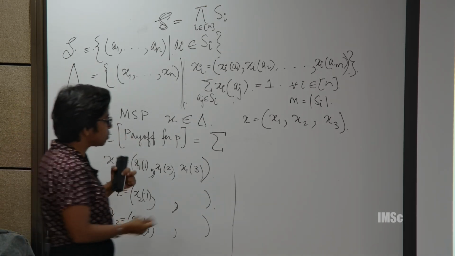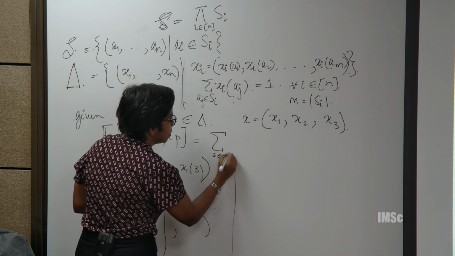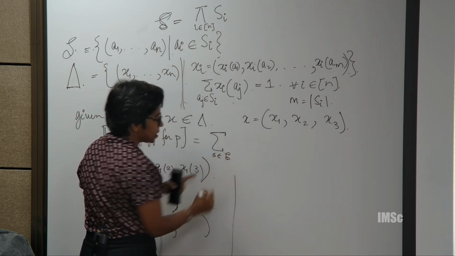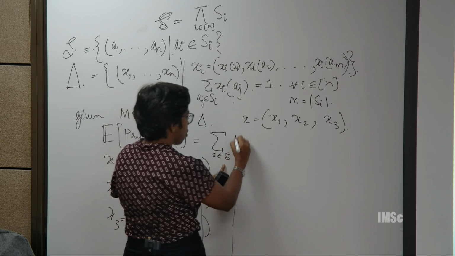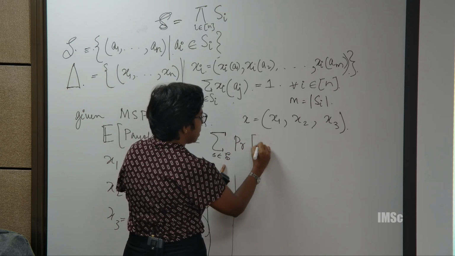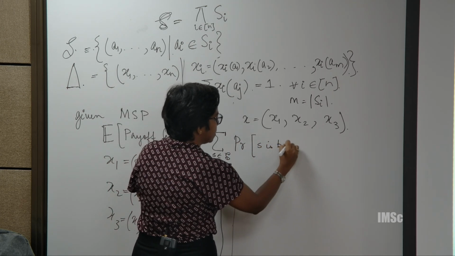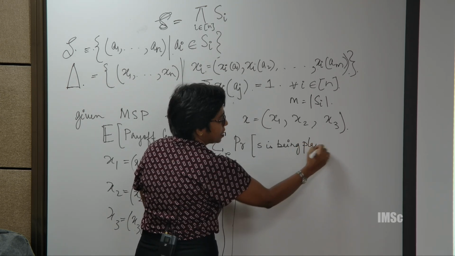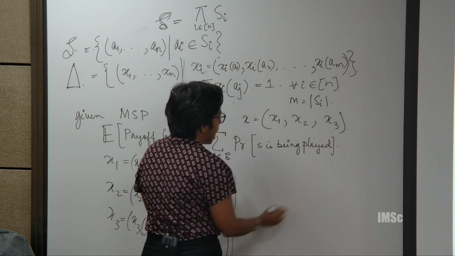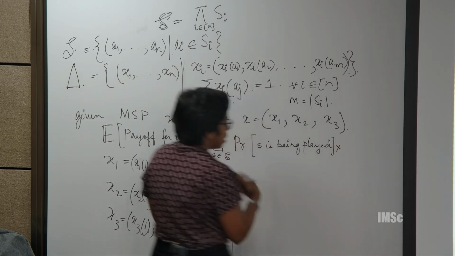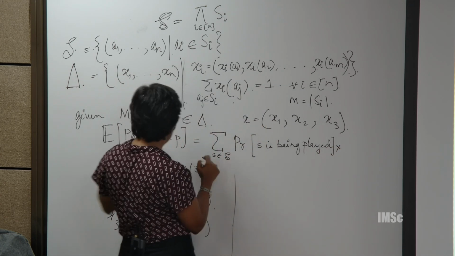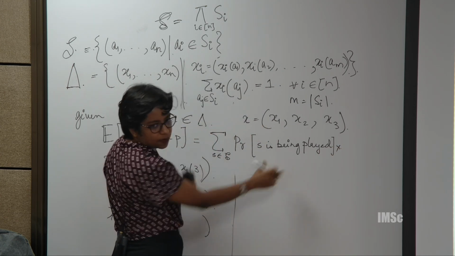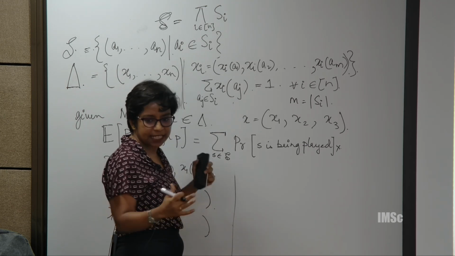So, that is why we get this notation, this is the curly S. Probability that S is being played, or in that case I have written sampled, and times the utility that player P derives from this event, that S is being played.